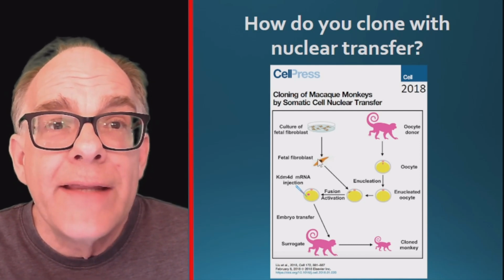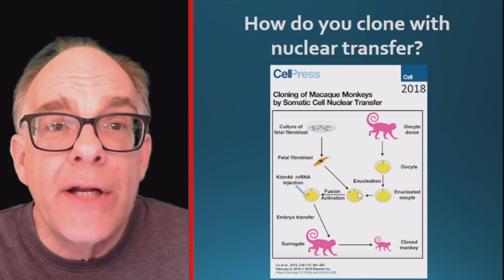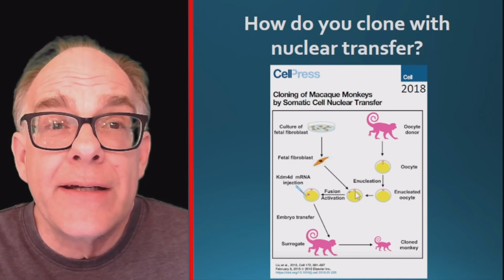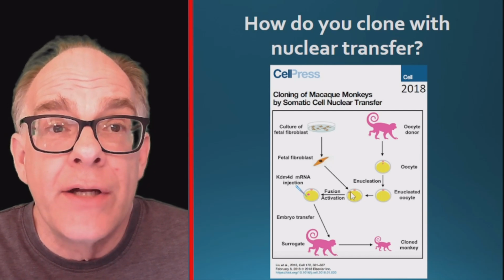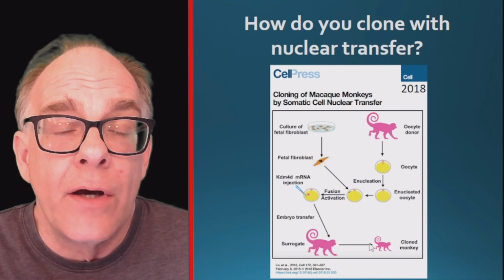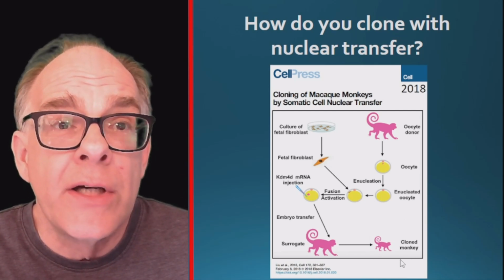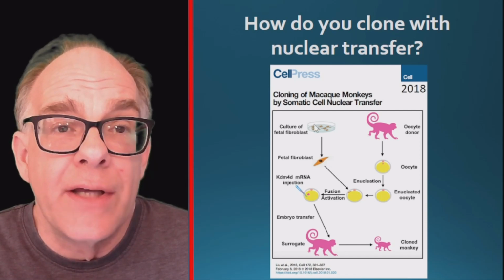In that way, that nucleus that's been transferred into it, nuclear transfer, is going to direct the development and differentiation of the cells that are ultimately going to produce the infant over here, this cloned infant, with the same genetic material as the original donor cells up here.